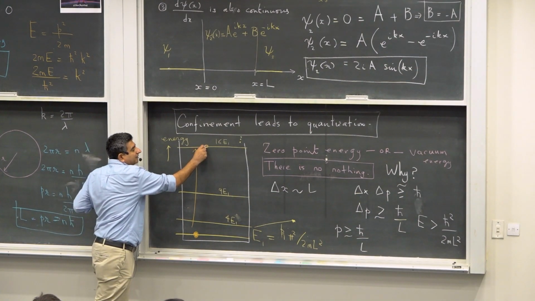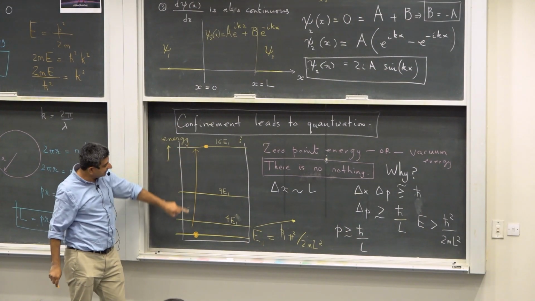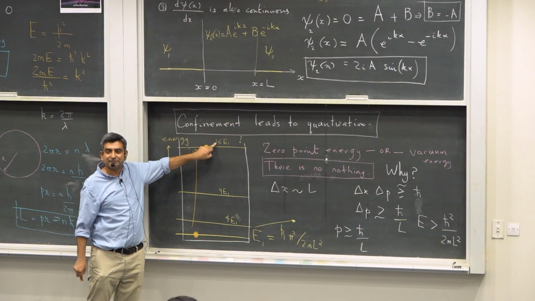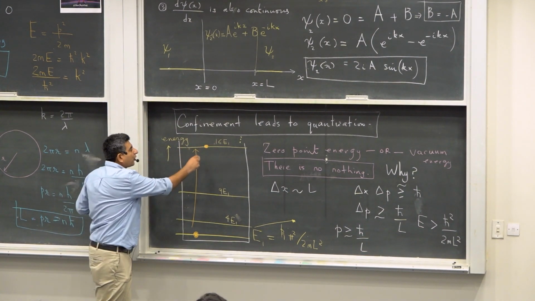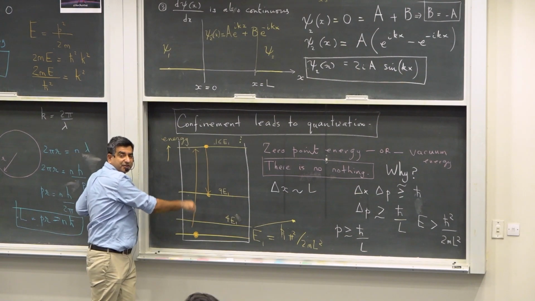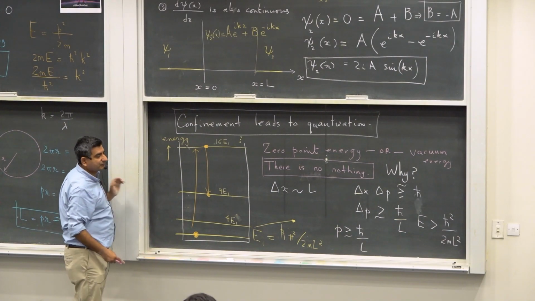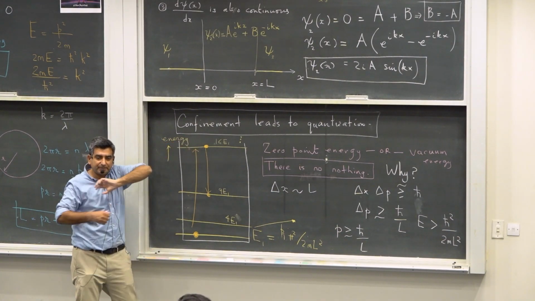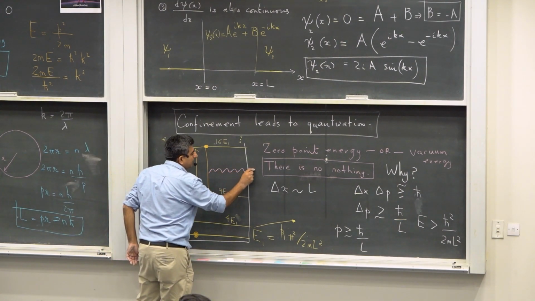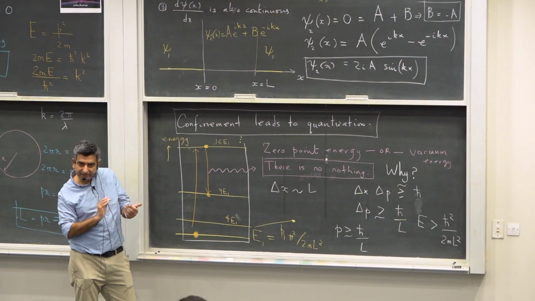Suppose an electron is here. If it's in this excited state, the third excited state with energy 16 E1, then it might drop. Suppose it drops to the next lower state. It makes this downward transition. These are called transitions. When it does that, energy needs to be conserved. So this difference in energy comes out of this infinite well, perhaps through a photon, and that photon carries energy with it.